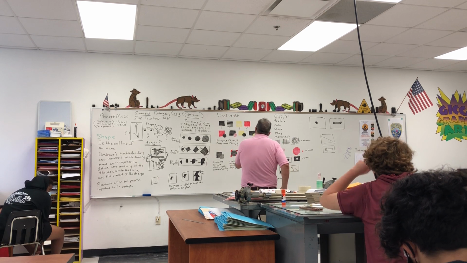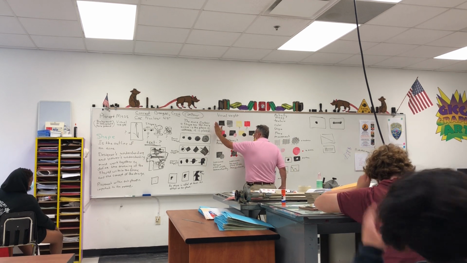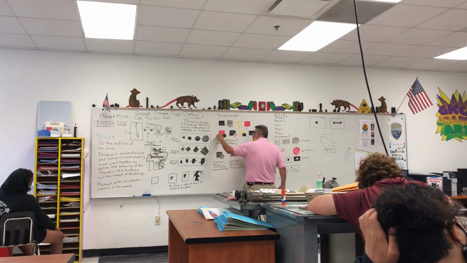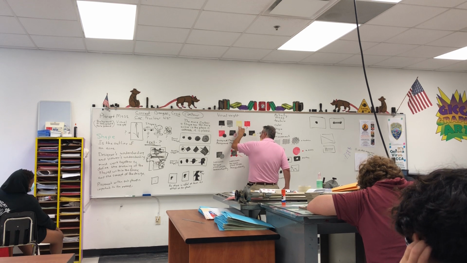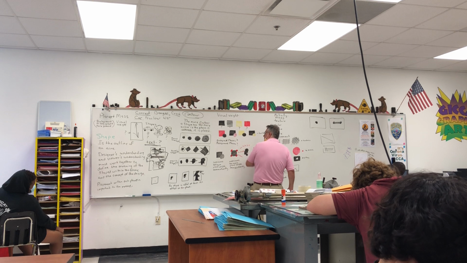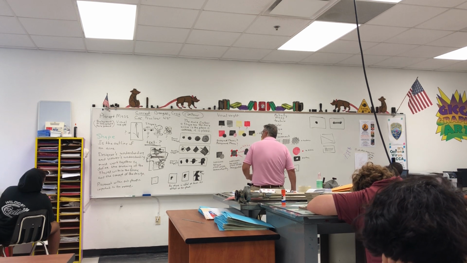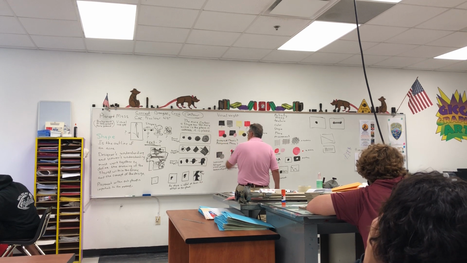Now, if we were to look at these, we're dealing with three planes. We're dealing with a whiteboard, middle ground, foreground. Background, middle ground, foreground. All right? In this one, what's the most dominant plane? The red.